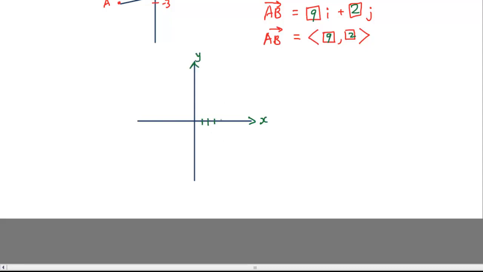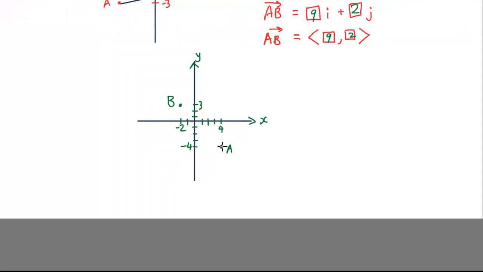This is our point A. And this is point B. I want to go from point A to point B, and let's call this vector M. I want to know what vector M equals in both notations. Okay, so try that out, come back when you're done.